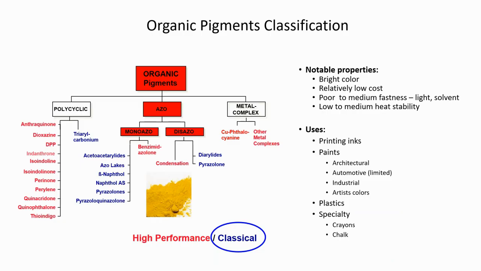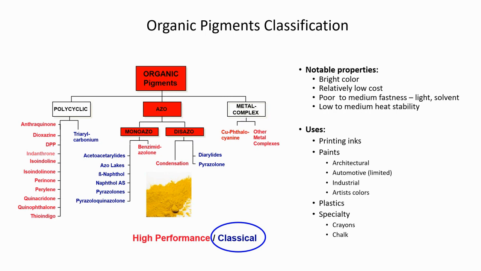We'll first talk about the classical organic pigments. These fall into the azo category, and typically these are very bright in color, relatively low in cost, and they have, as I mentioned earlier, poor to medium fastness and heat stability.